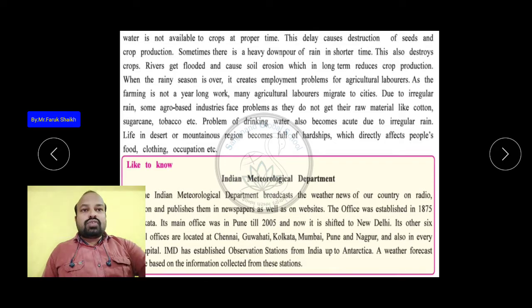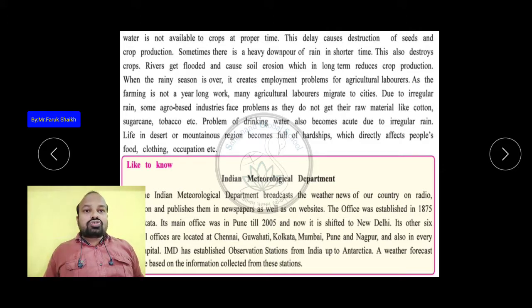Rivers get flooded and cause soil erosion, which in the long term reduces crop production. When the rainy season is over, it creates employment problems for agricultural laborers, as farming is not year-long work, because they depend only on rainwater. Four to six months go by, then the work is over. For the remaining months, farmers and laborers are completely unemployed.